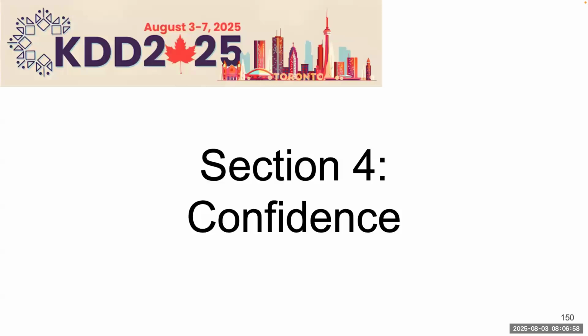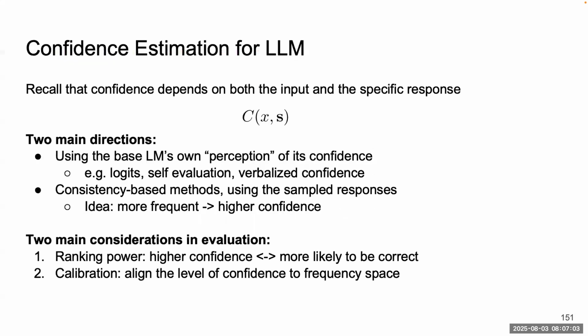Okay, so let's move on to section 4. It's about confidence. Like I said before, confidence is measured depending on both the input and the specific response. A lot of the methods you see here are already covered by the uncertainty quantification methods as well. So there are two main directions, like I said.